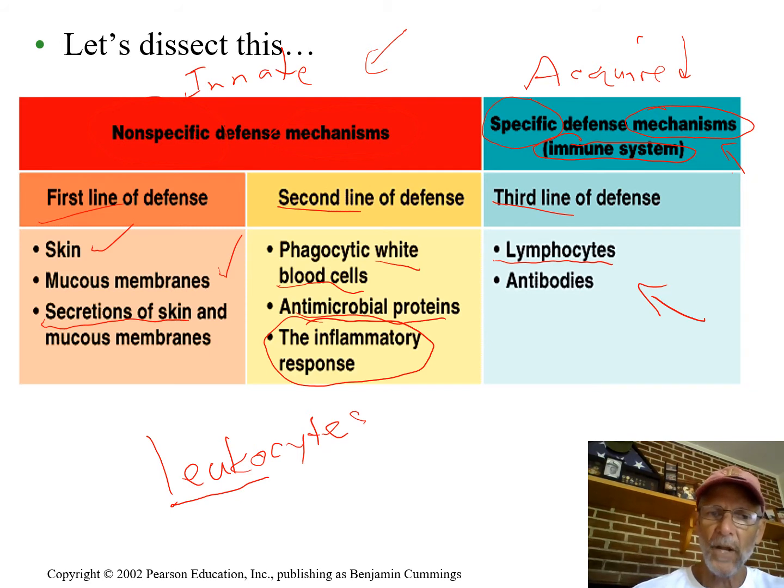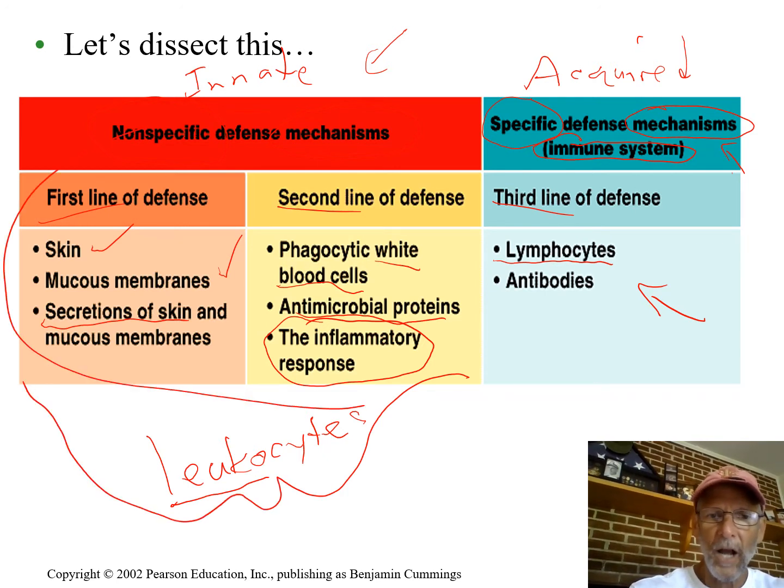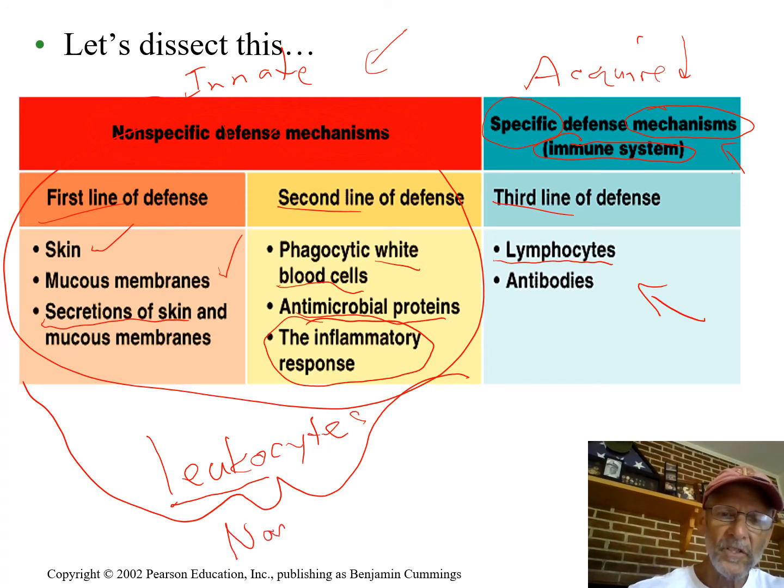That's a key response. But what is again true of these two boxes and these defenses is they are non-specific. That means that it doesn't matter what the bad guy is, these will offer some defense against it.